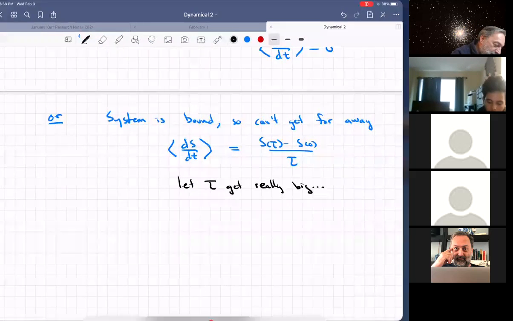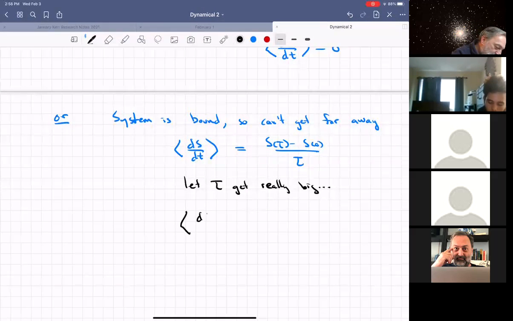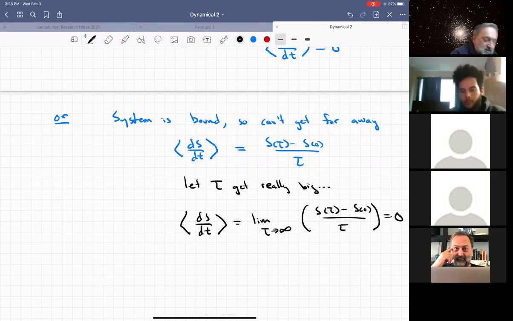So in the limit, if the system is bound, the time average would become the limit as tau goes to infinity of S of tau minus S of 0 divided by tau. That's going to be 0 because S of tau and S of 0 aren't going to blow up, but tau is in the bottom and tau is going to go to infinity. And so I'm going to get 0 anyway.